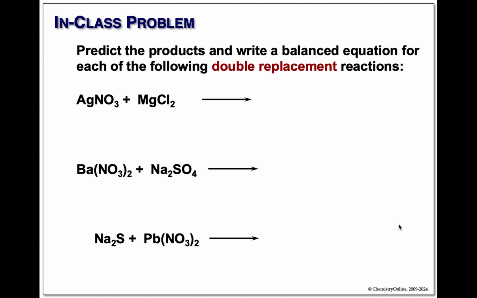In our first one, we're going to make silver chloride. That will be insoluble. And we will be left with magnesium nitrate. Now that's not balanced.